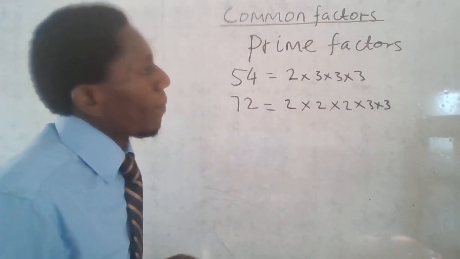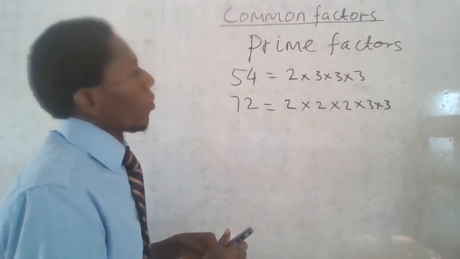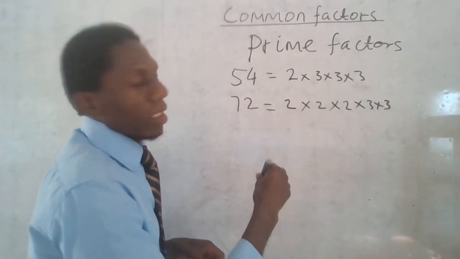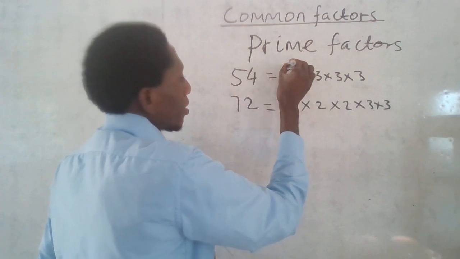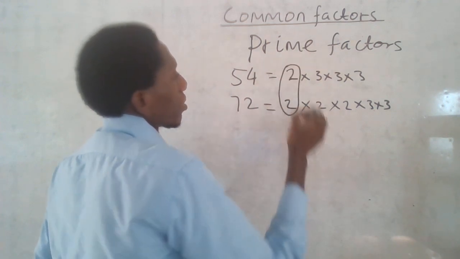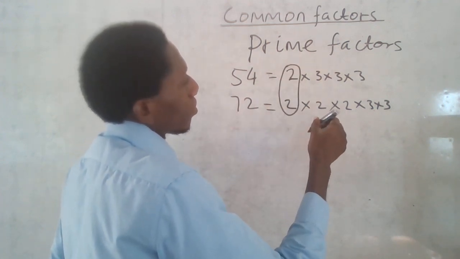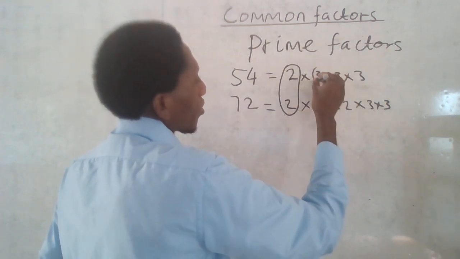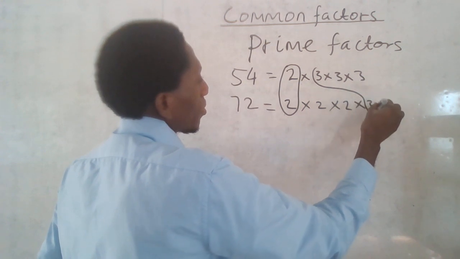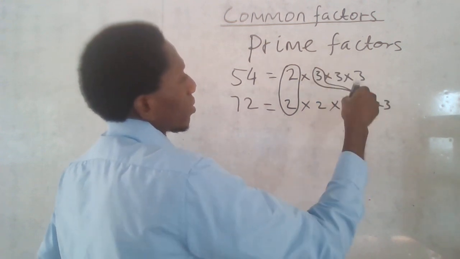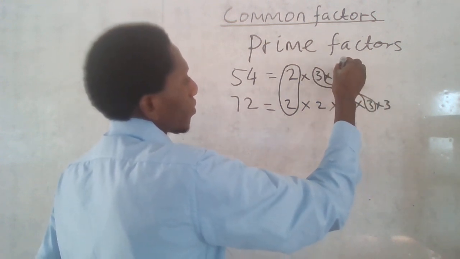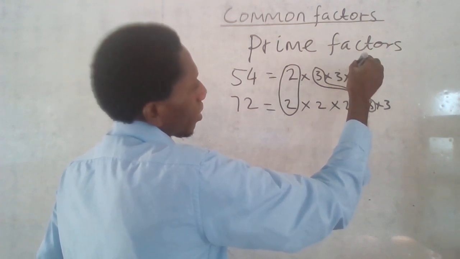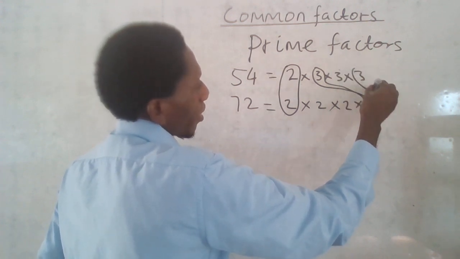Now, among these factors, we can single out the common ones. These are the common factors. Now, we have 3 here, and we also have another 3 here.